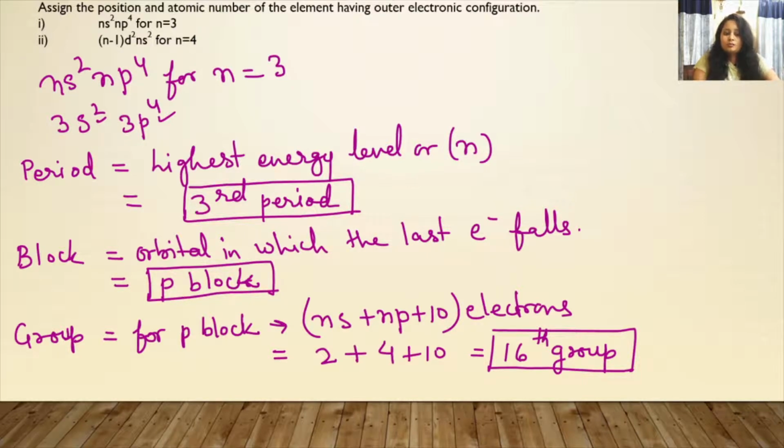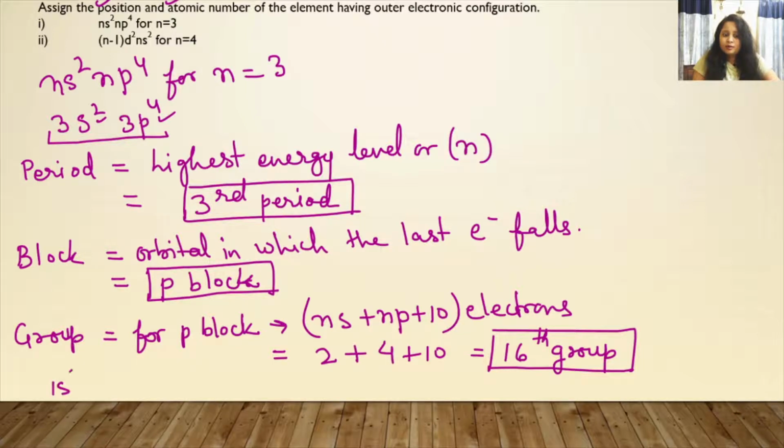Now we get the position. Now the next question is the atomic number also we need to find. So how to find? For this, we have the outer electronic configuration. It means before this, the first shell and second shell are also fully filled. So we can write it and get the atomic number.